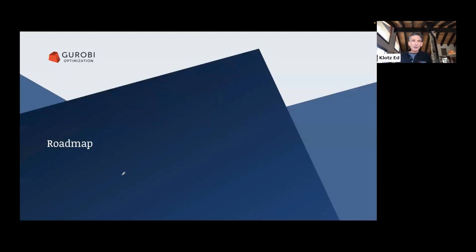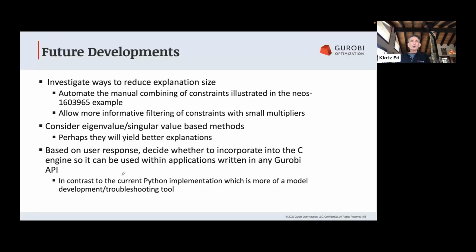So first, as far as roadmap goes, we are already looking into other ways to automatically reduce the explanation size, including automating that combining of constraints that I illustrated in the first example, and other ways to filter out constraints with small multiplier values.